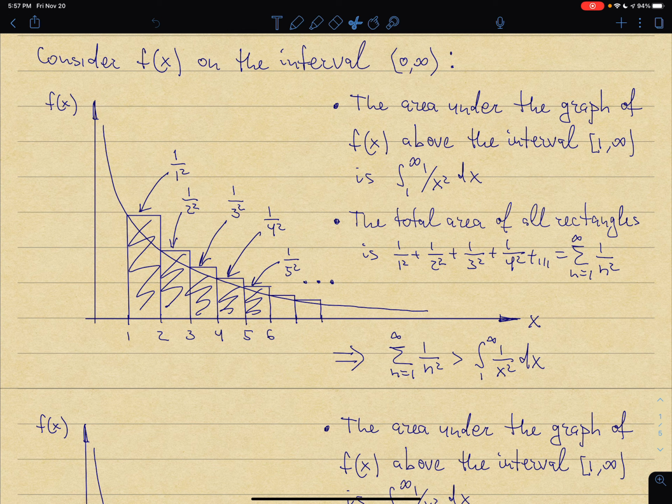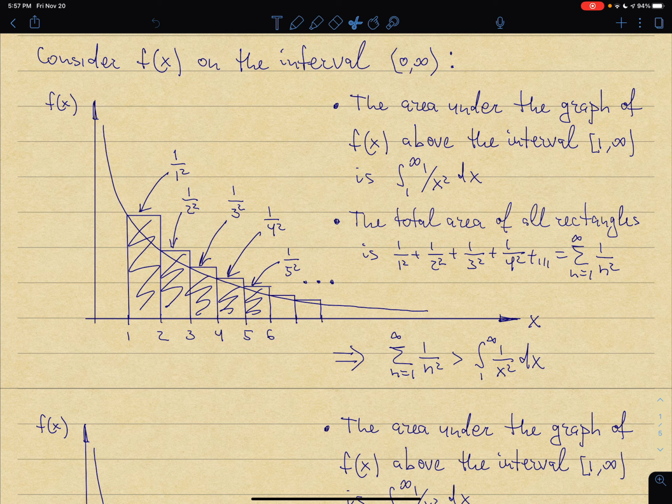And actually, if we compare it to 1 over x, if x is larger than 1, then x squared is greater than x, then 1 over x squared is going to be less than 1 over x.